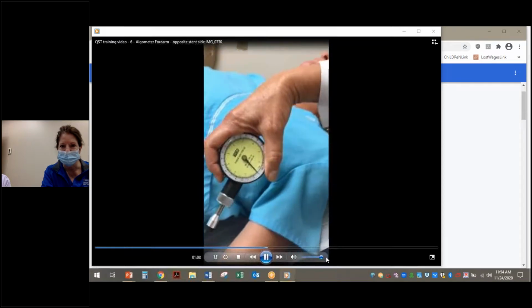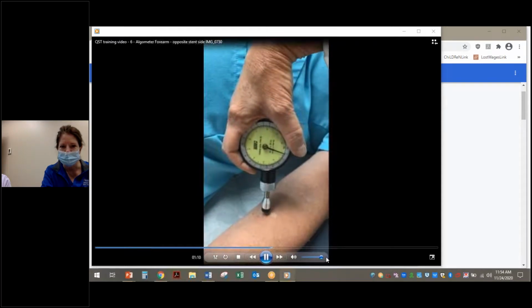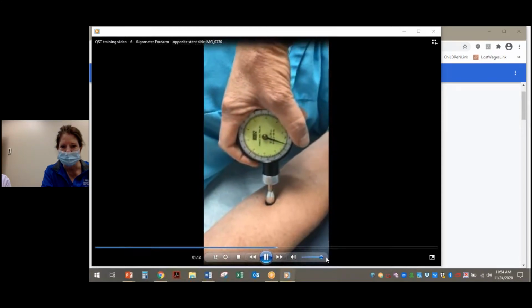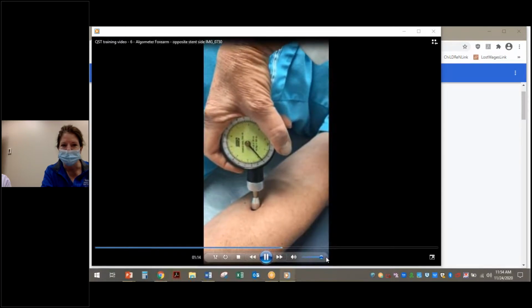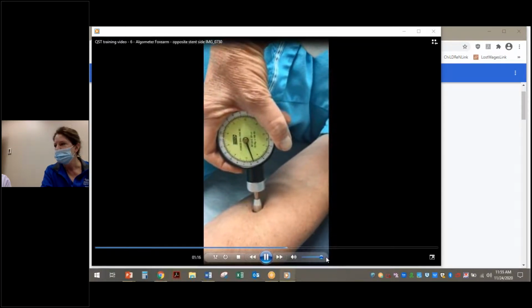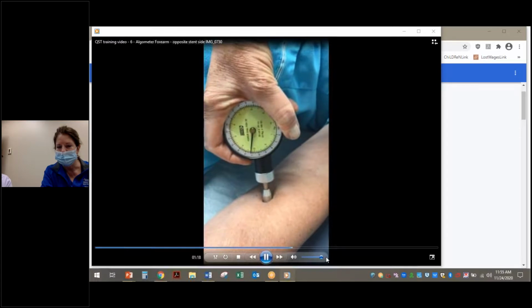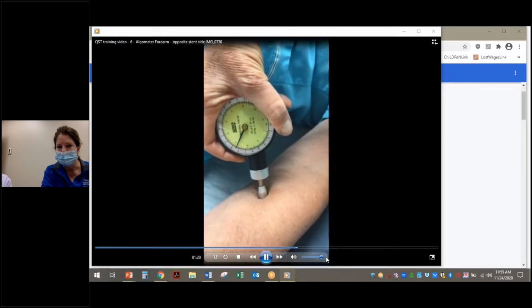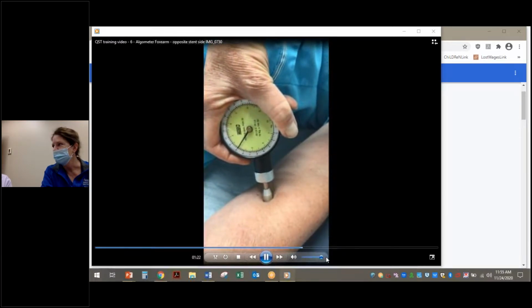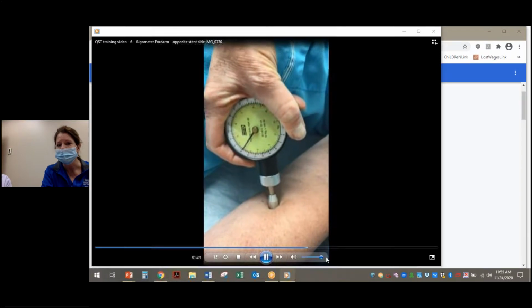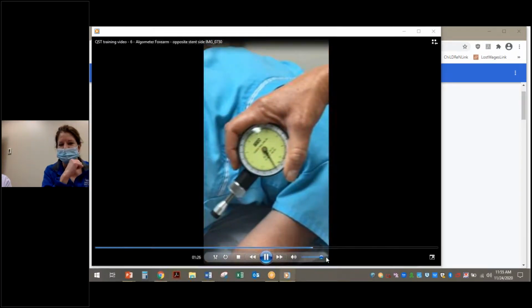Pain score, please. 60. We're now going to go up to 4 kilograms. Press quite a bit. That's about 10 pounds. 4 kilograms is about 10 pounds of pressure.